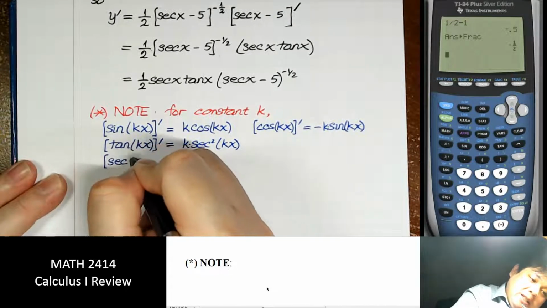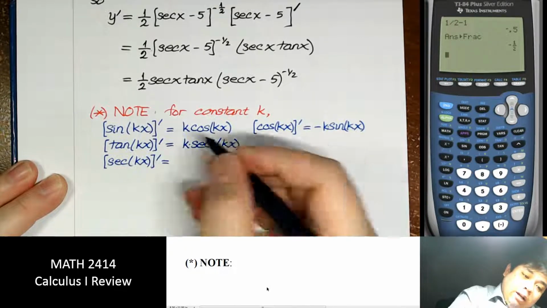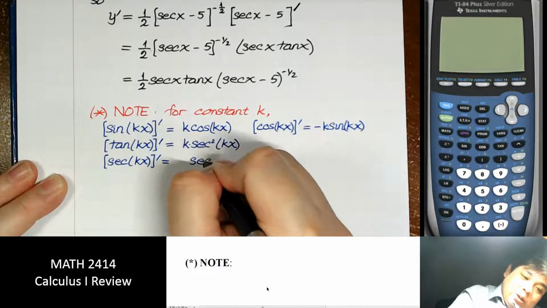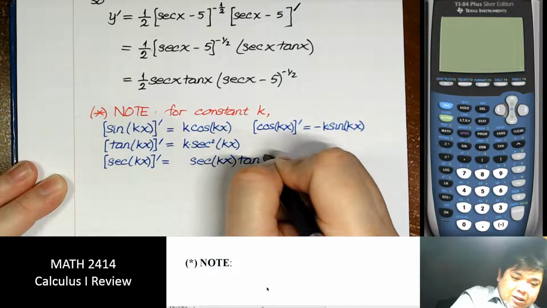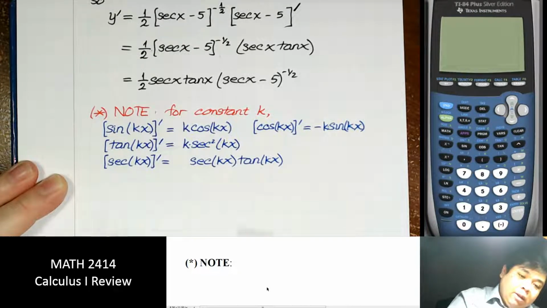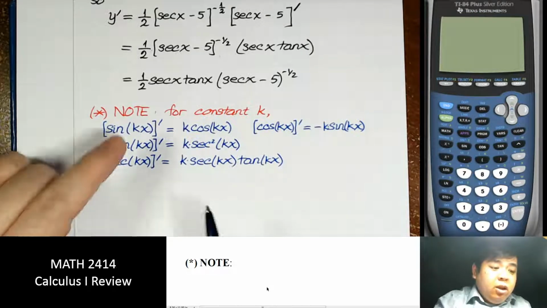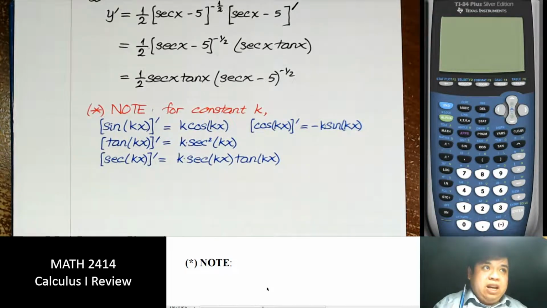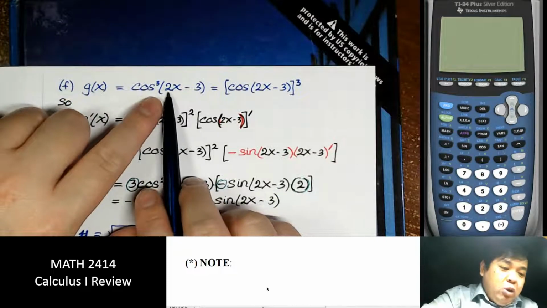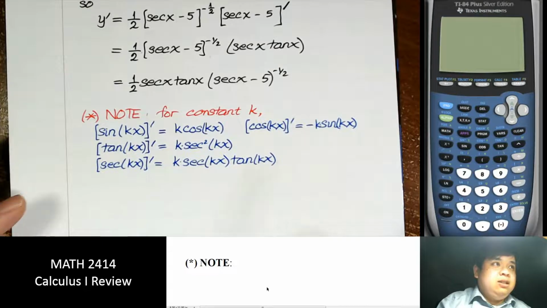If it's secant, it is secant kx. So secant kx, tangent kx, and then we'll multiply by k. Notice that whatever we do inside the parentheses or the argument is kx, we never mess up with the kx. If it is kx, it will stay kx. And you see all of this from the 2x minus 3, we will still have 2x minus 3. We cannot change any of that.